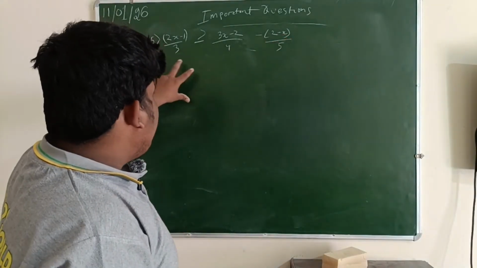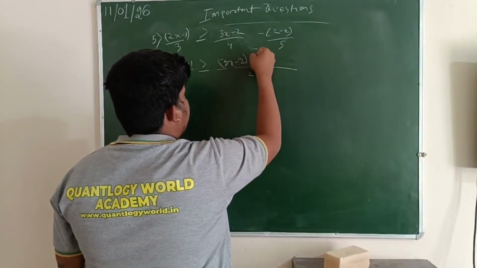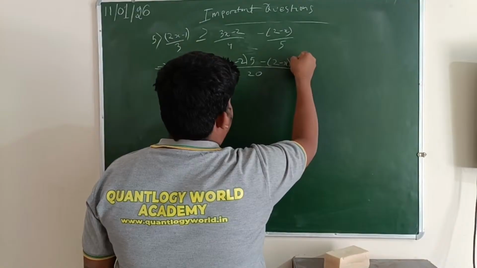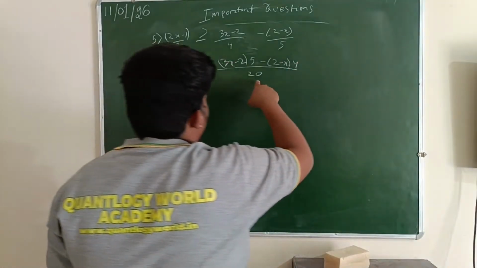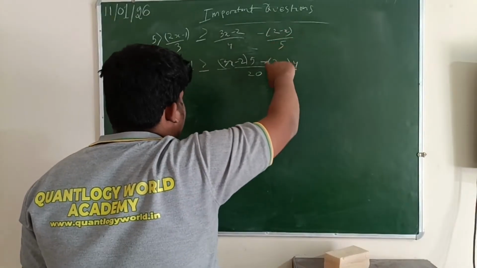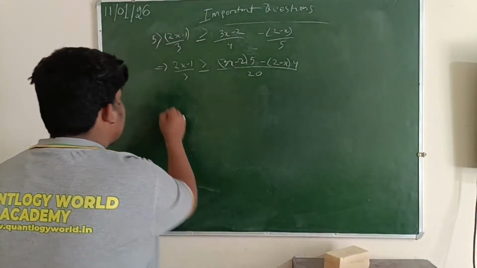In this linear inequalities question, we take the LCM as 20, so 5 is multiplied to 3x minus 2 by 4 part, and 4 is multiplied to 2 minus x by 5 part. 4 will be multiplied to the 2 minus x and 5 will multiply to 3x minus 2.